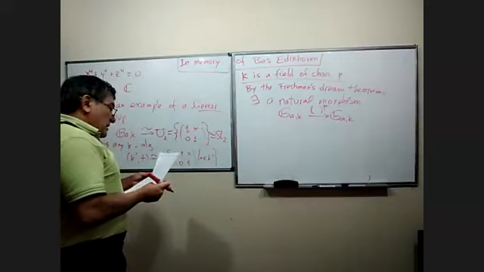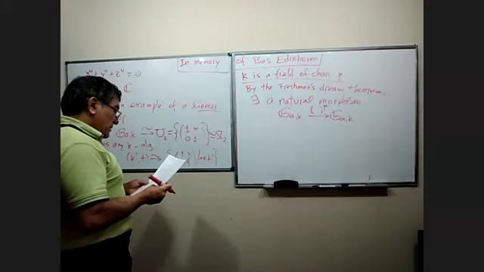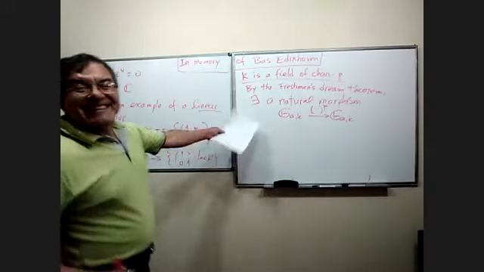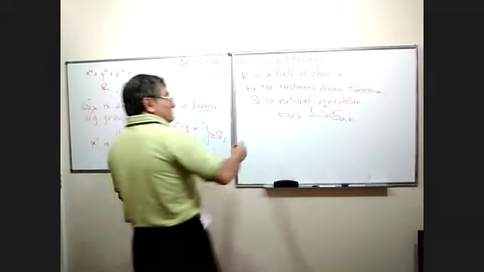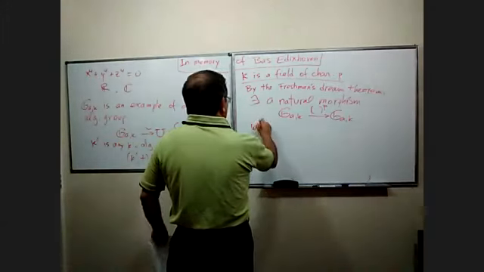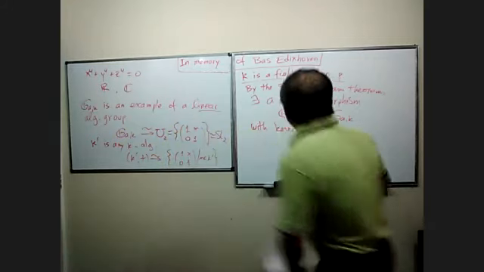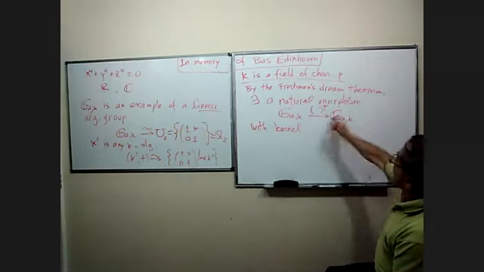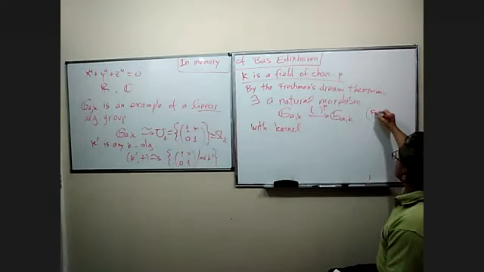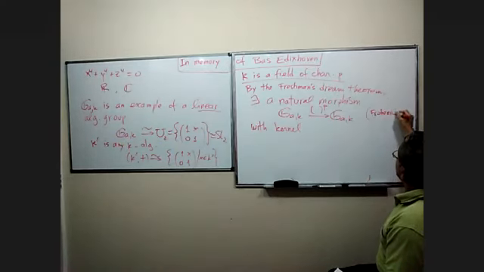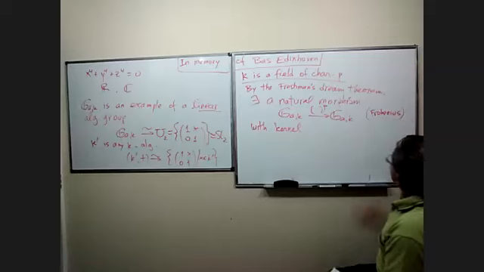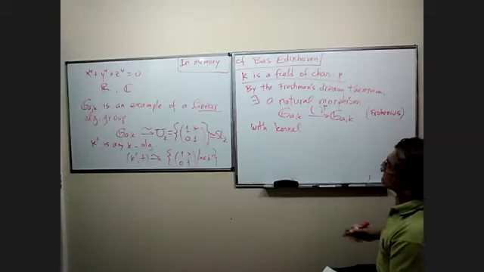And I'm interested in its kernel. This natural morphism is called the Frobenius, raising to the p power.